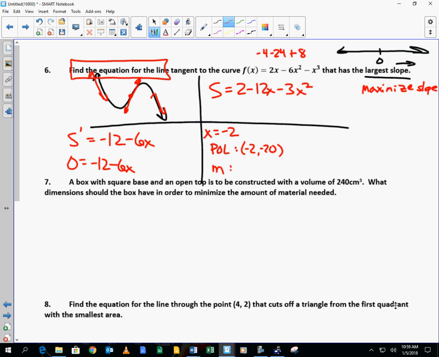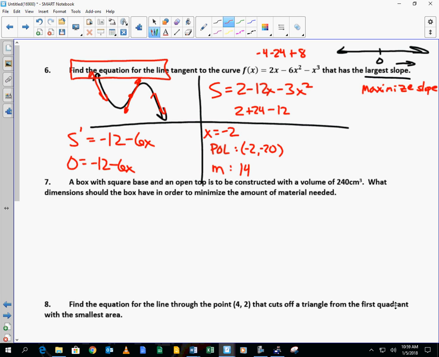And then how would I come up with my slope? Plug in negative 2 to the slope formula. So I have 2 plus 24 minus 12, or 26 minus 12 is 14. So that told me the slope. That told me the location of the point.